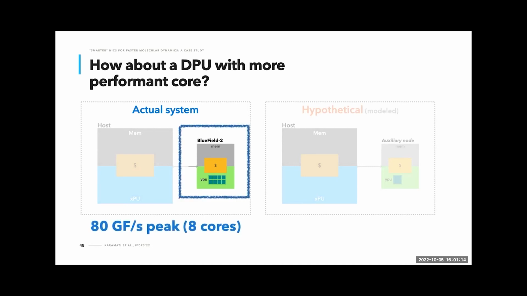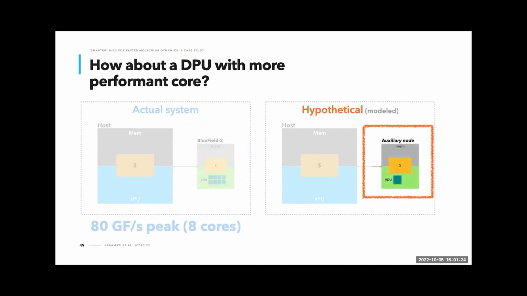The BlueField 2 has 8 cores and a modest peak of 80 gigaflops per second in single precision. The figure on the right shows a hypothetical system. We refer to the hypothetical DPU as an auxiliary node.